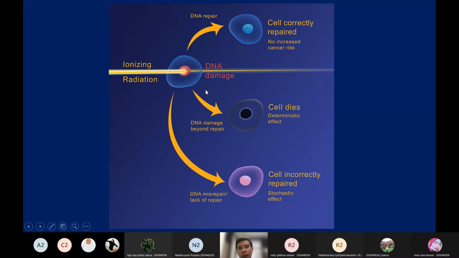The first is when the DNA damage is beyond repair. So the cells fail to repair the DNA damage, and therefore it will lead the cell to die later.